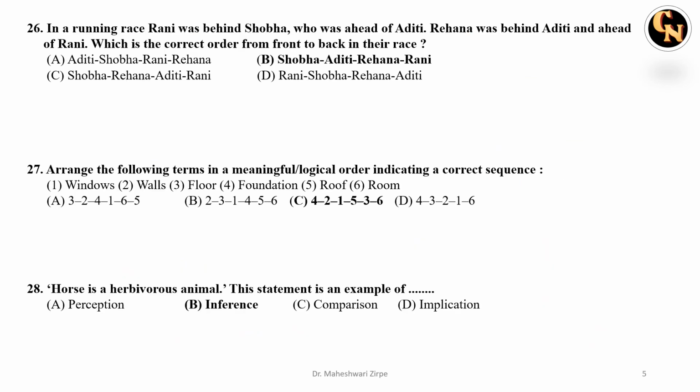Now next is: in a running race, Rani was behind Shobha, who was ahead of Aditi. So we have to write them in a sequence so as to solve it step by step. Read the sentence properly and then jot them down.